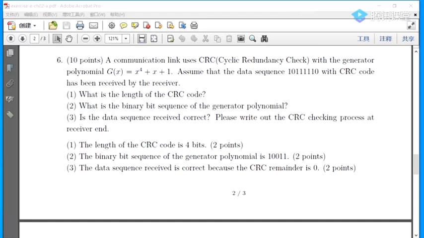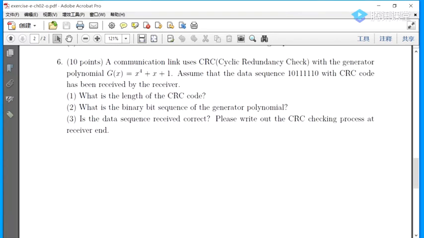Then what is the length of the CRC code, and what is the binary bit sequence of the generator polynomial? Is the data sequence received correct? Please write out the CRC checking process at the receiver end. So please think about these questions for a while. Then we will have a rest for 10 minutes.